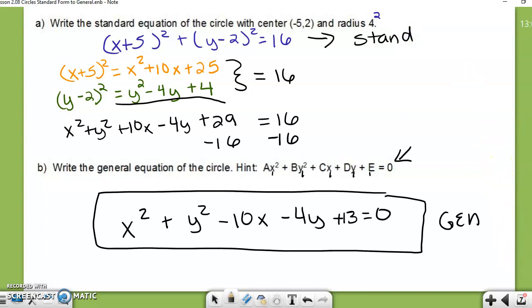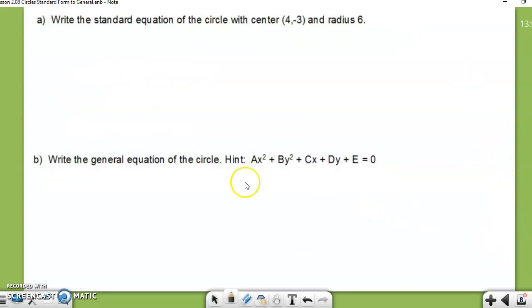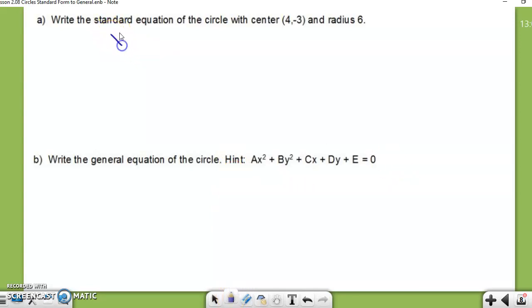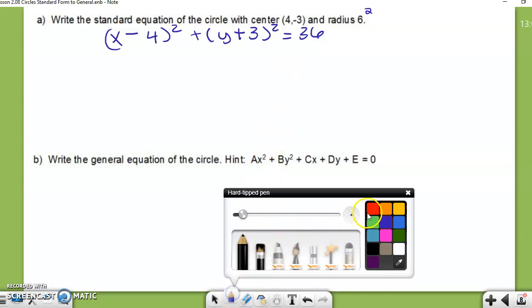Let's do another example together. Okay, let's start by writing the equation. I have x minus 4 squared plus y minus a -3, so I'll make that a +3, squared equals, when I square this, 36. Let's start our expansion.